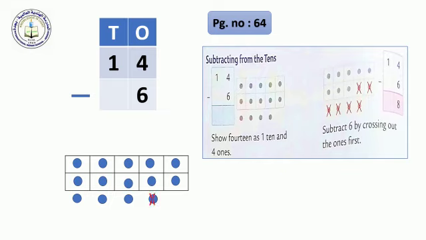So 1, 2, 3, 4, 5, 6. First we will cross the ones and then check how many are left. So after crossing 6, we have 8 left. So 14 minus 6 is 8.